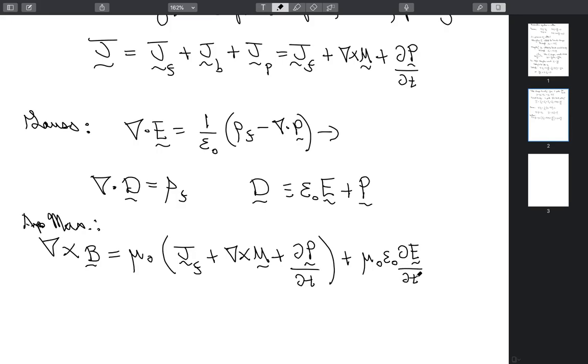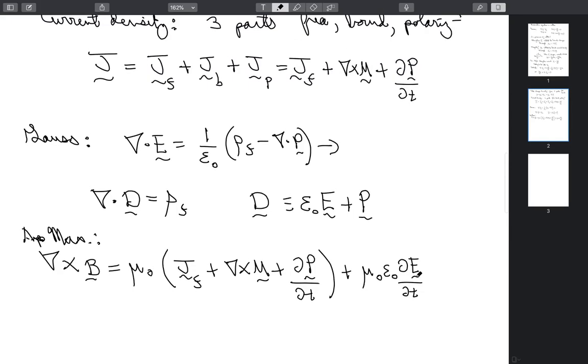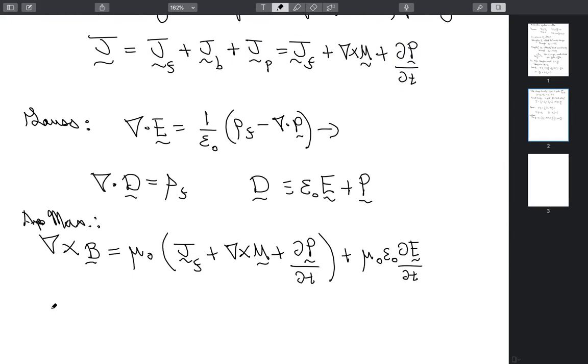All right, so just by pattern recognition, I can bring this term to the other side, and this one I can just associate to what I had here, because once again I have the combination epsilon 0 electric field plus polarization, so this is going to be a time derivative of D. So I can rewrite this equation in the following form.